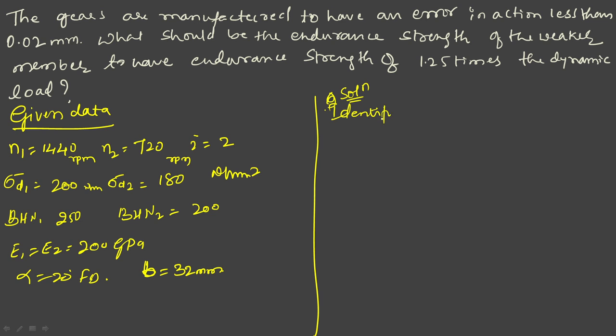Identify the weaker member. To identify the weaker member, Z1 is given here: Z1 is 22 teeth. Center distance is given, 132 mm.